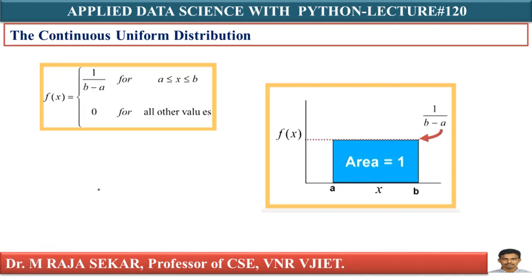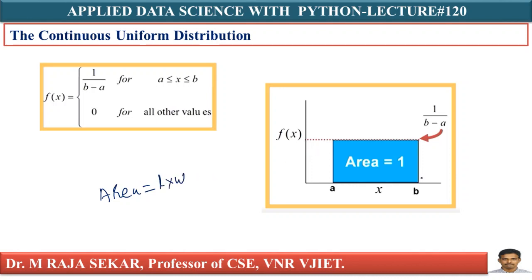How can I find the area of this distribution, which is also known as rectangular distribution? That is what we were saying in my previous slide: because of its shape, it is also called rectangular distribution. What is the area of a rectangle? Length into width.